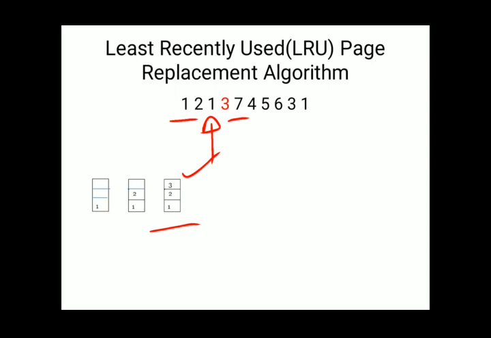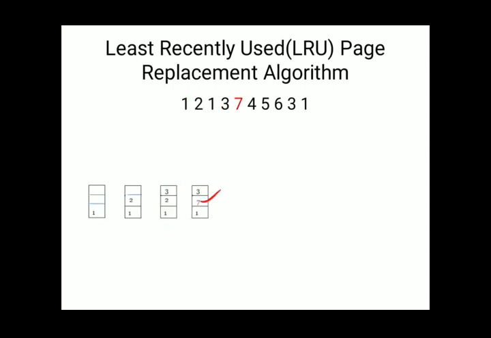According to this algorithm we have to replace the page which is least recently used. The least recently used is 2. So we have to replace the 2 with the 7. 7 is to be inserted at the place of 2.